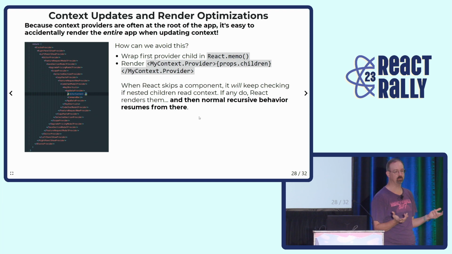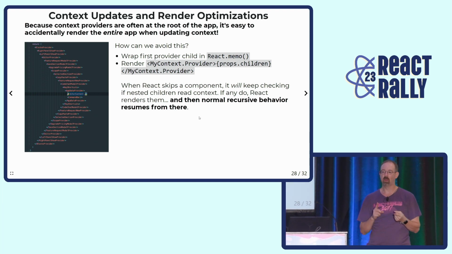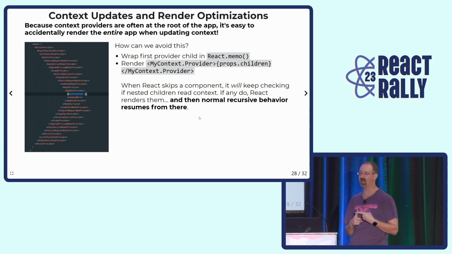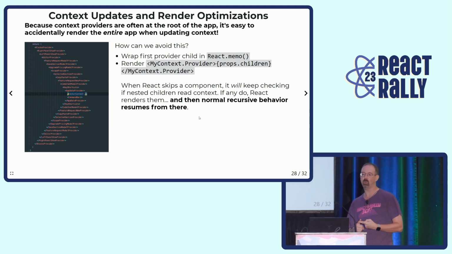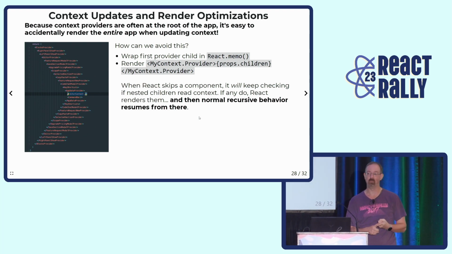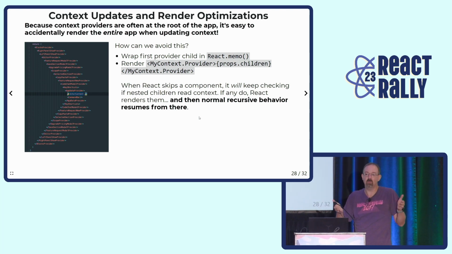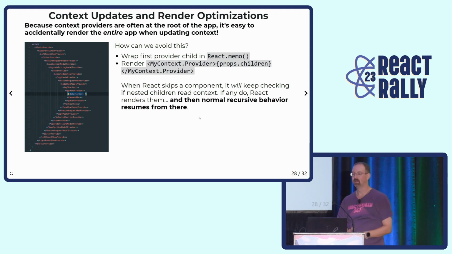So how can we avoid this problem? Two ways. One is that the first component inside of the context provider should probably be wrapped in React.memo. React will get to it. You're not passing any props. It says nothing to do here, and it skips everything below that.